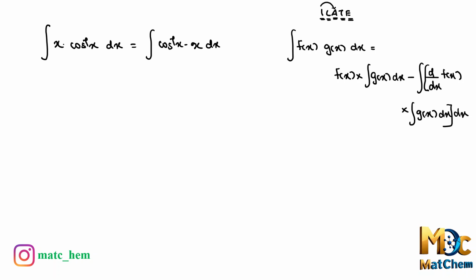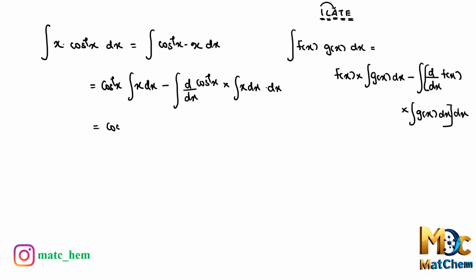So this can be written as the first function, cos inverse x, into integral of the second function, minus integral of derivative of the first function into integral of the second function.